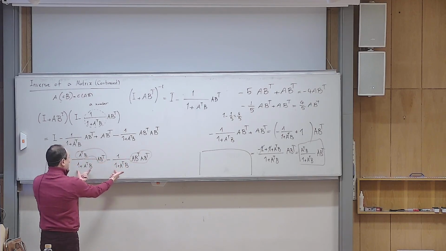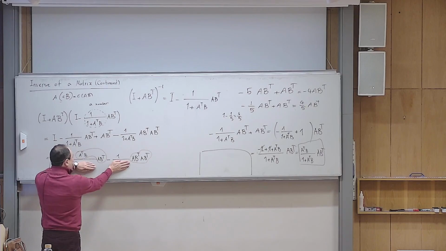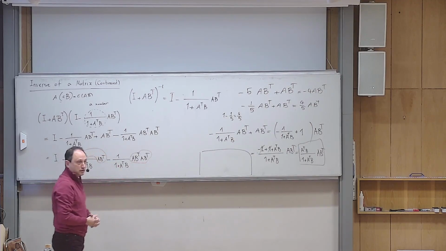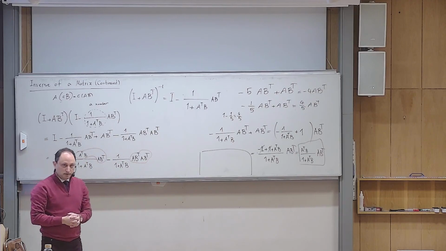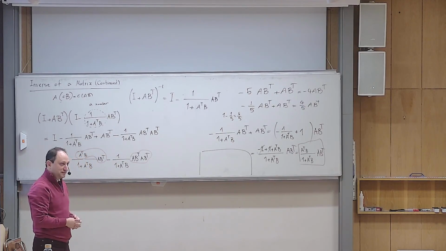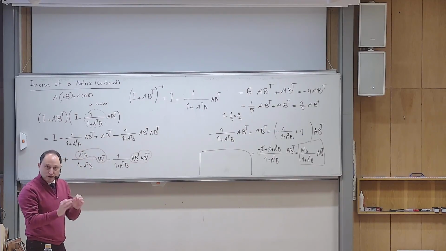I already know that the denominators are the same, so I ask myself, is there any way for me to convince myself that this product is equal to that product or not? Yes? This is the natural thing for me. I mean, isn't it natural for you? Now you have to make it natural.